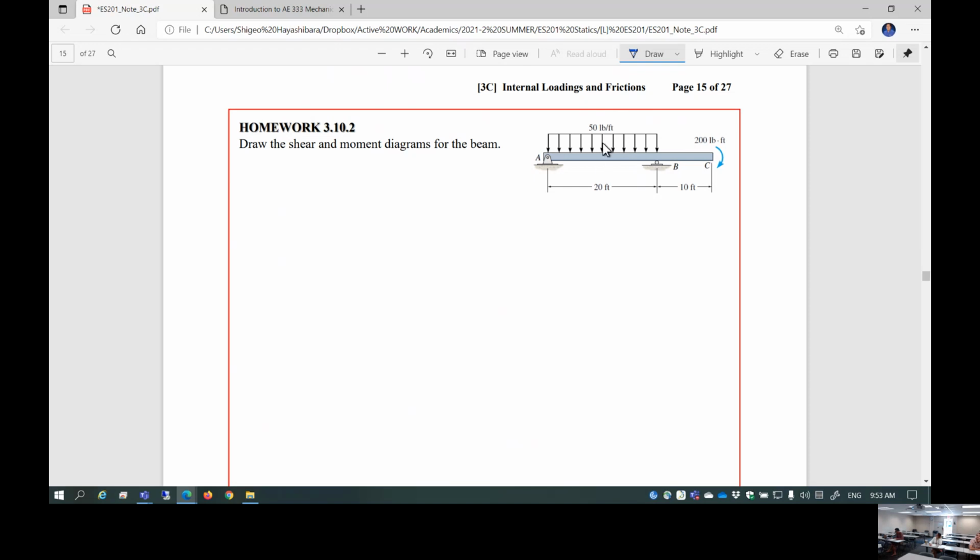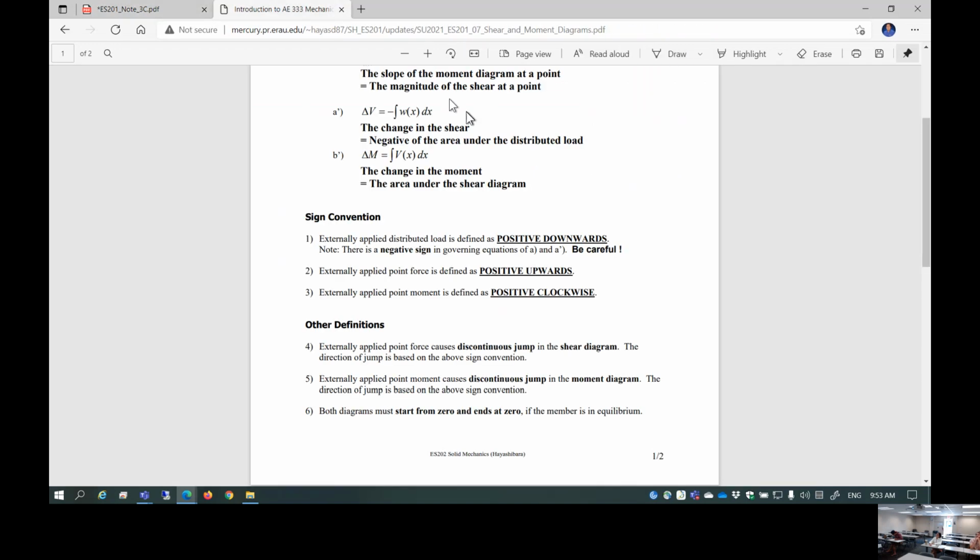Okay. So how does the internal shear change with the distributed loading? Internal shear changes linearly. So the magnitude of the distributed loading is the slope of the changing shear internally. Okay, again, let's just take a look at the handout.